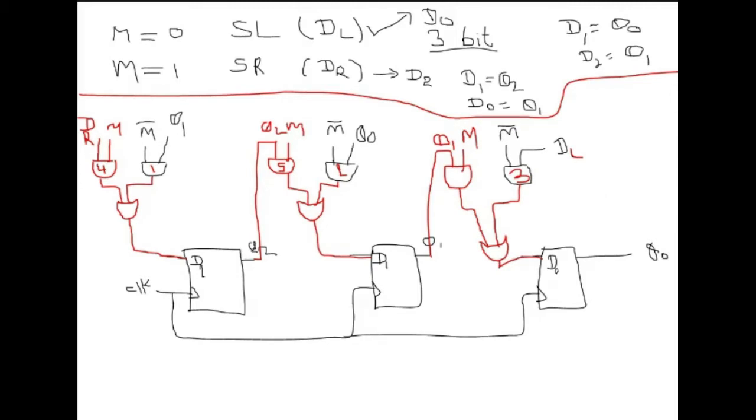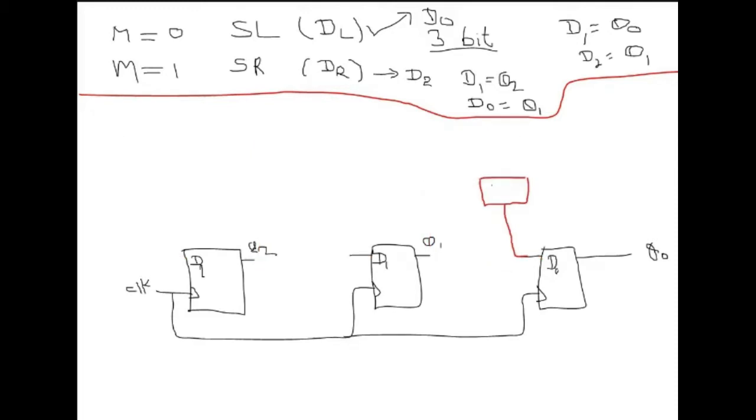What else you can do is, you can use a 2:1 mux as well, where M will be your controlling input. So let's update this circuit if I want to use a 2:1 mux. So this is a 2:1 mux. These two will be inputs and M is my controlling pin.